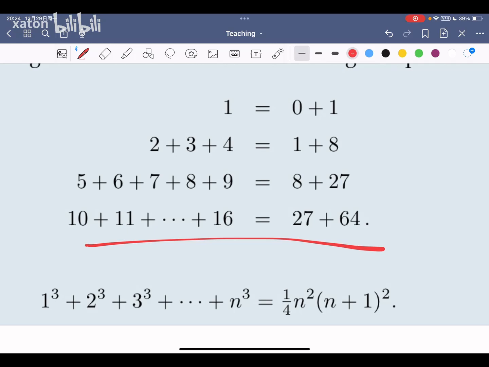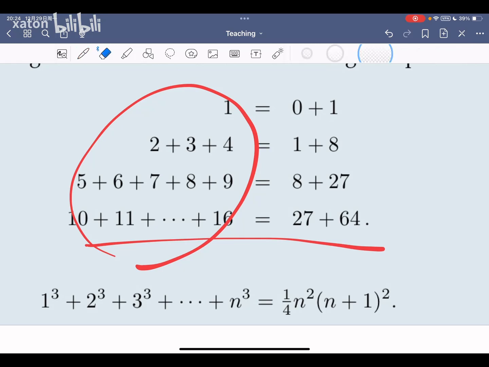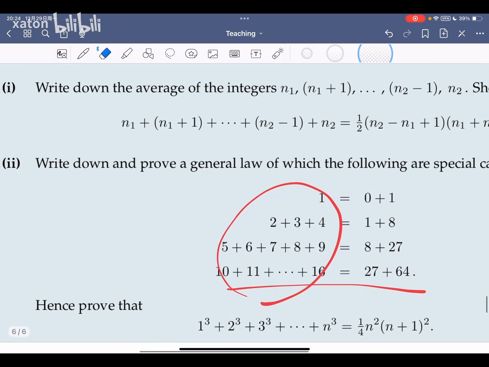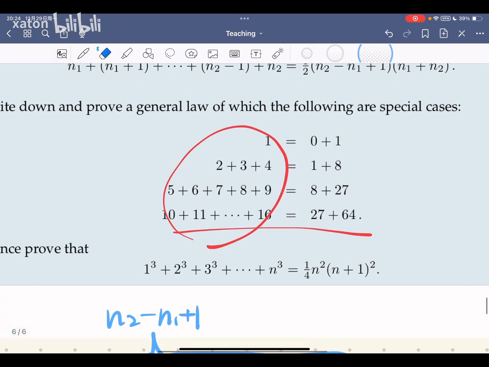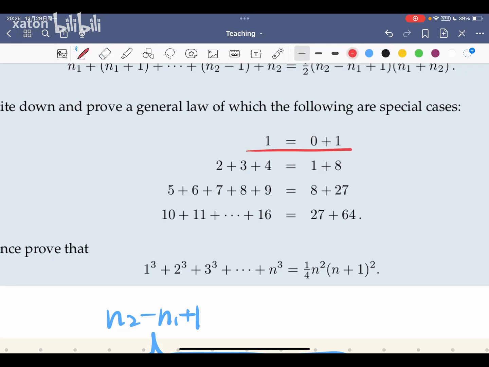On the left side, we get a sum of an arithmetic sequence, which can be solved by our previous findings. So right now we have to prove this. So we write this general law and try to prove it. And maybe we can prove the final formula.